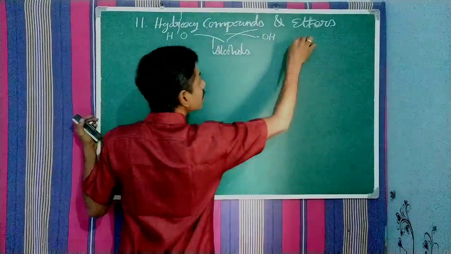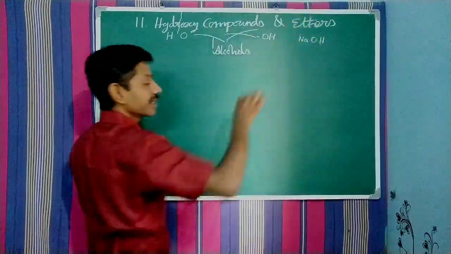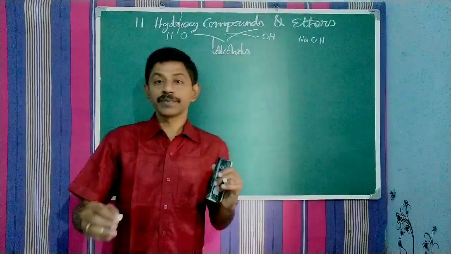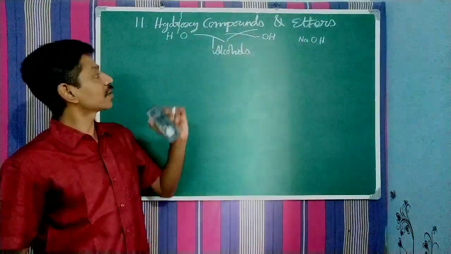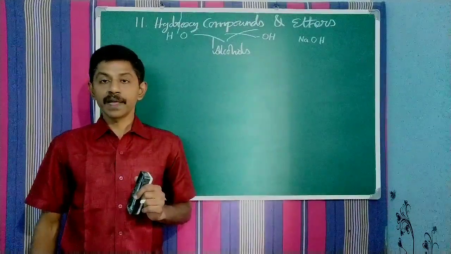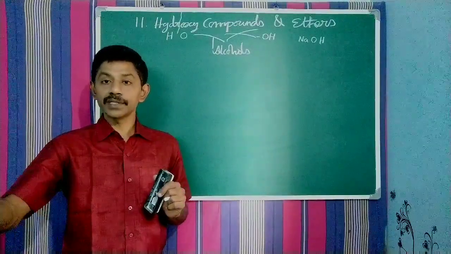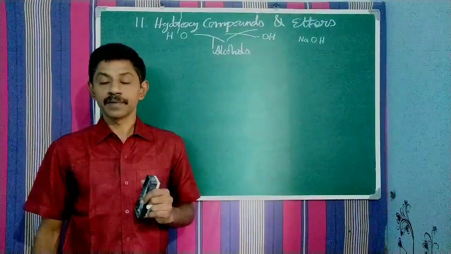But sometimes when it joins with sodium, you call it hydroxide. Magnesium hydroxide, calcium hydroxide. But here you are calling the same OH group alcohol. Why? In some places it is called hydrin: cyanohydrin, chlorohydrin, bromohydrin.